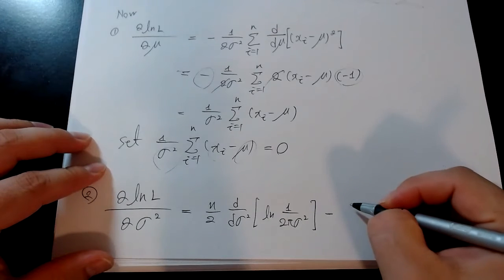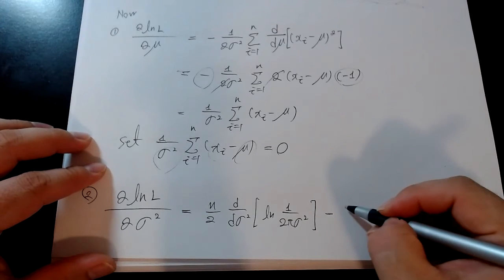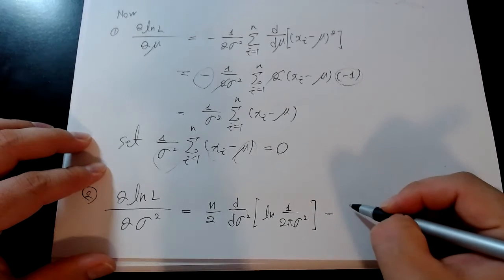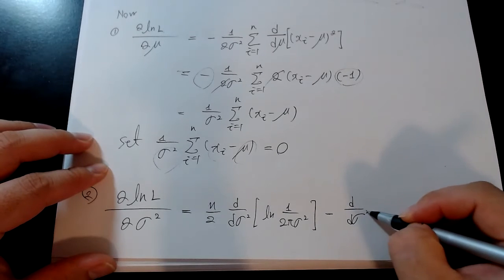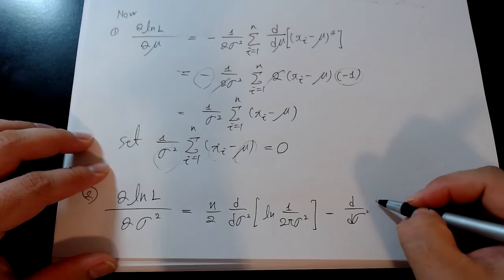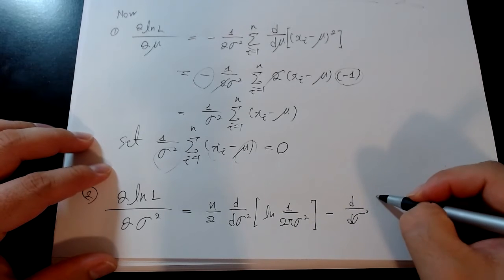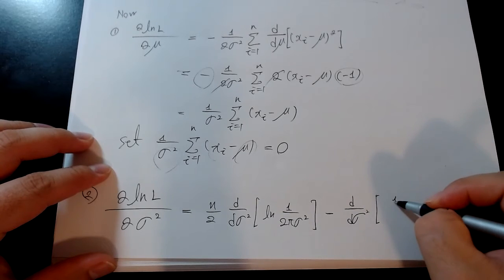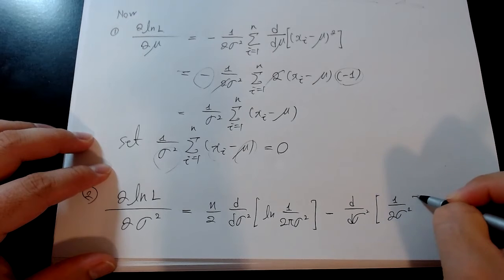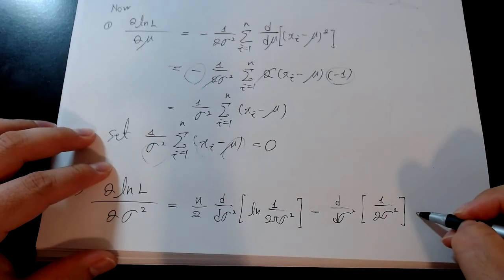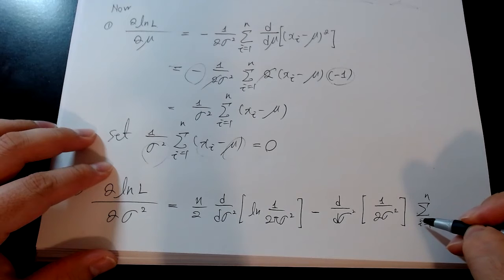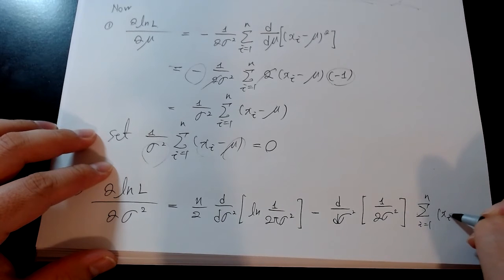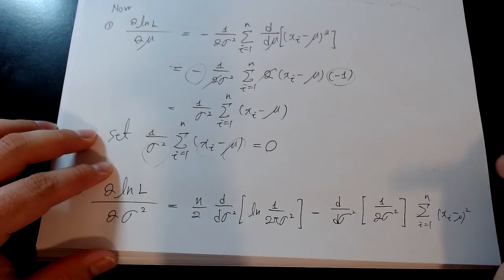And then minus, I mean d sigma square, 1 over 2 times sigma square, and then the sum from i equals 1 to n of (xi minus mu) squared.